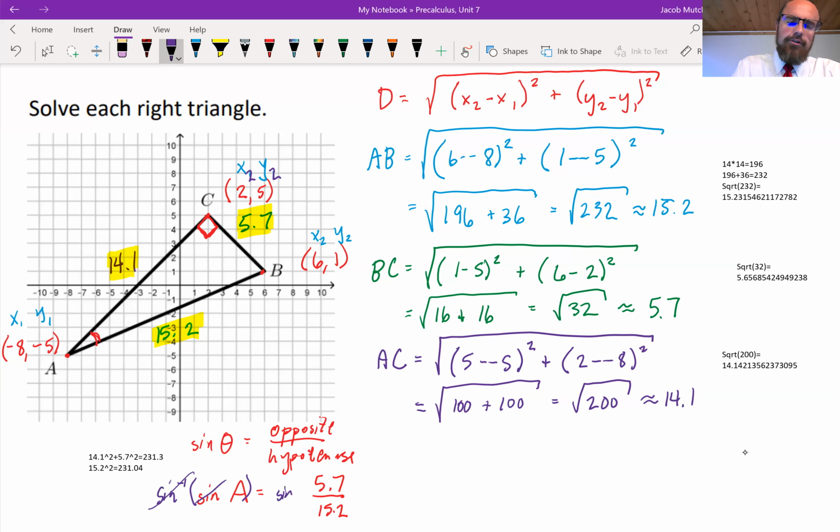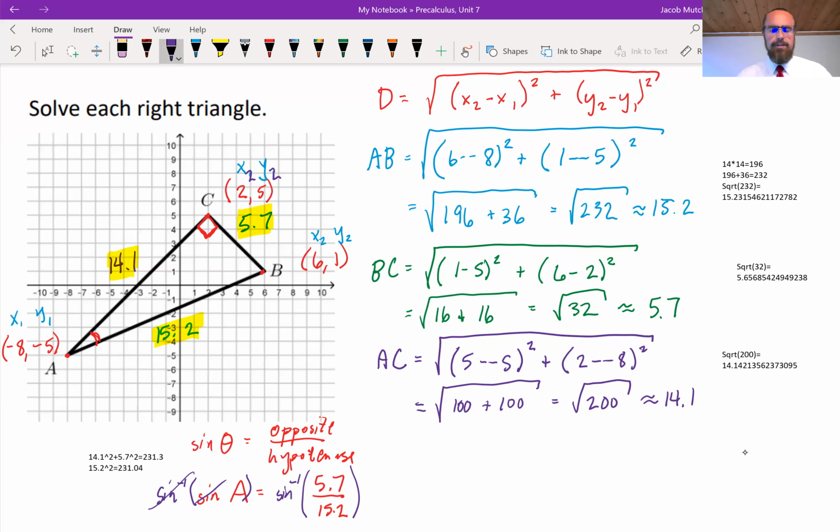And my measure of angle A is going to be the inverse sine of 5.7 divided by 15.2. So we just need to actually calculate it and record it.